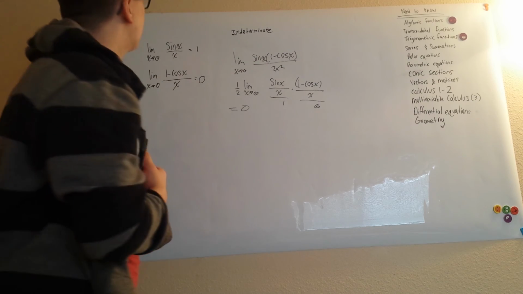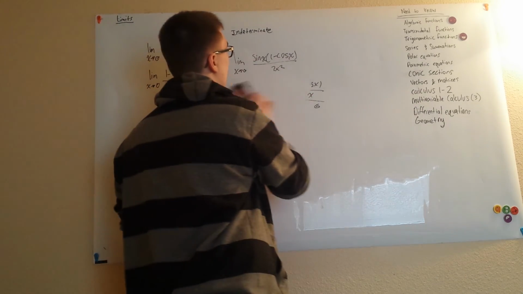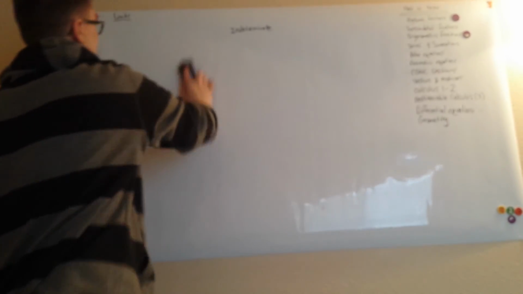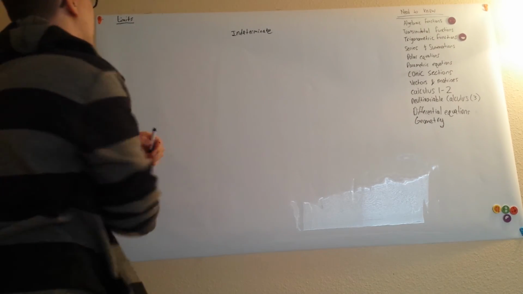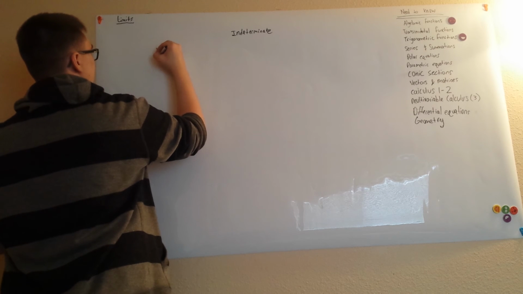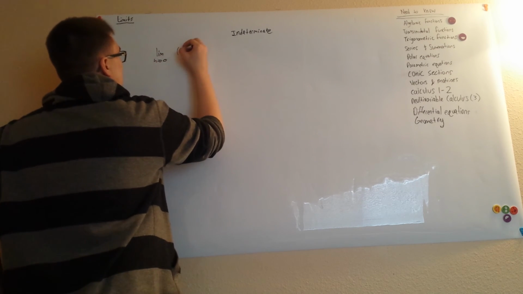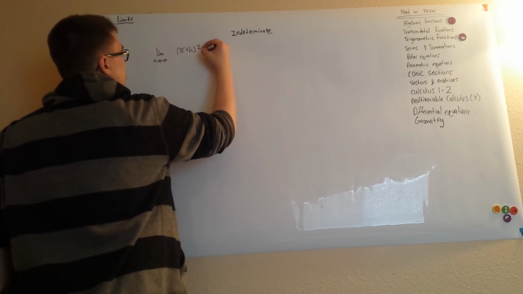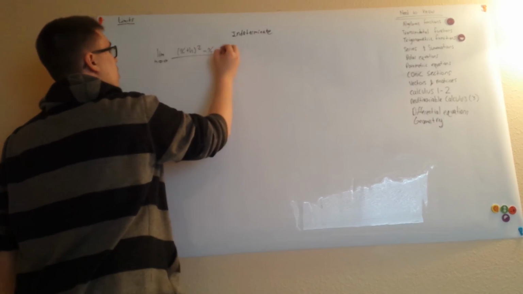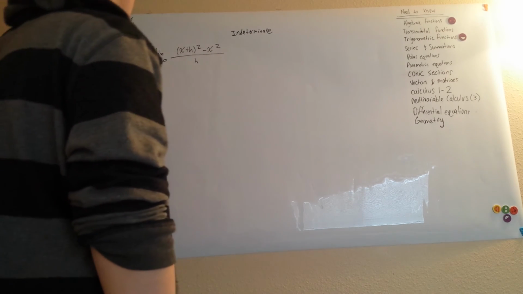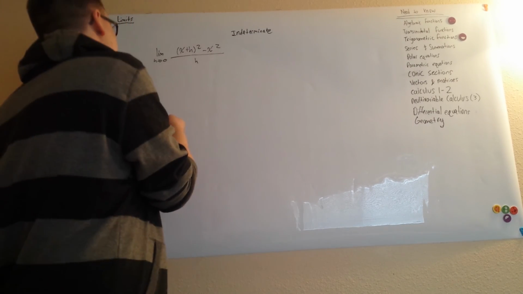Okay, real quick. Let's do this one. The limit as h approaches 0 of (x plus h) squared minus x squared over h. Ooh. There's no numbers here. They're just variables.